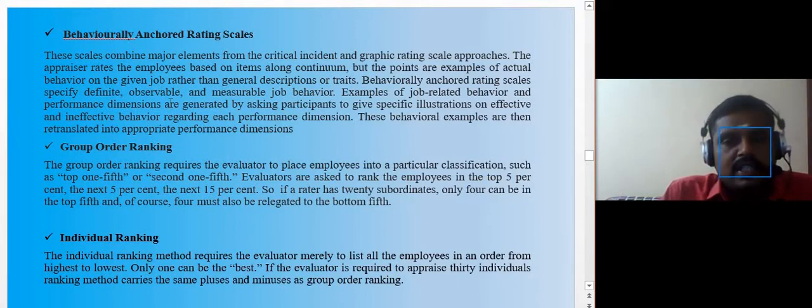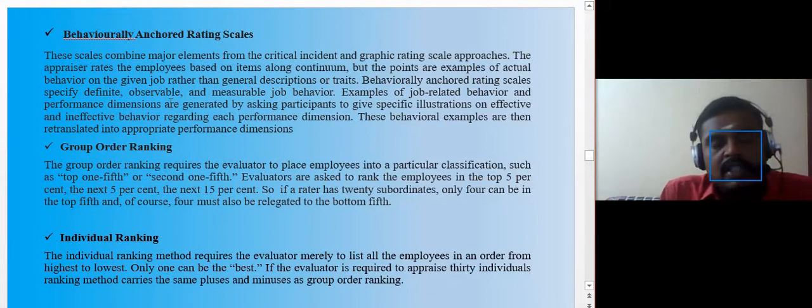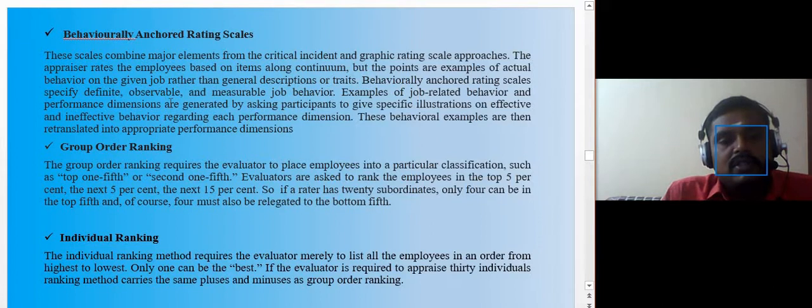Behaviorally anchored rating scales especially specify definite, observable, and measurable job behavior. Examples of job-related behavior and performance dimensions are generated by asking participants to give specific illustrations of effective and ineffective behavior regarding each performance dimension. These behavioral examples are then retranslated into the appropriate performance dimensions.